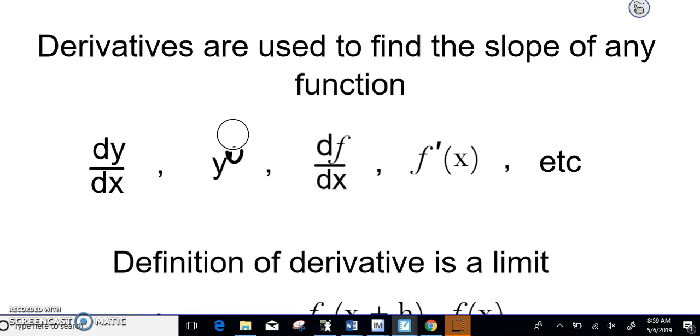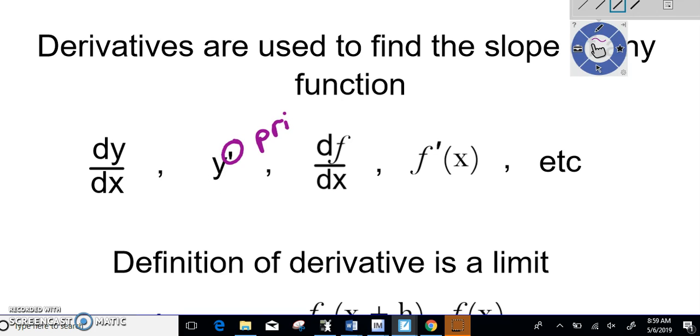So this symbol right here is considered our prime. So we call that y prime. That's y prime.